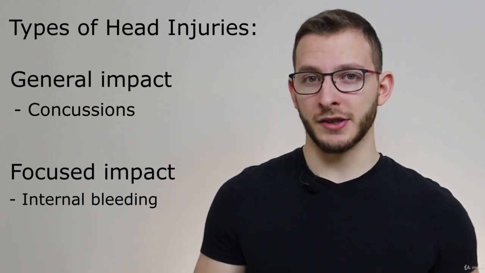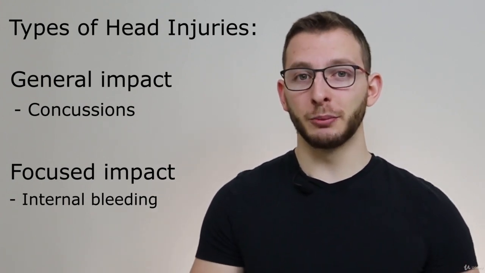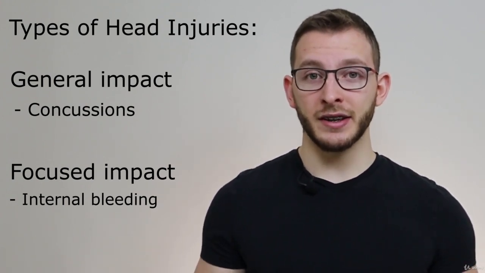Let's start with concussions. To start with concussions, we should probably understand a bit of the anatomy of our head. Our brain always floats in a fluid called the CSF. The cool thing about this is that the brain always stays in place.